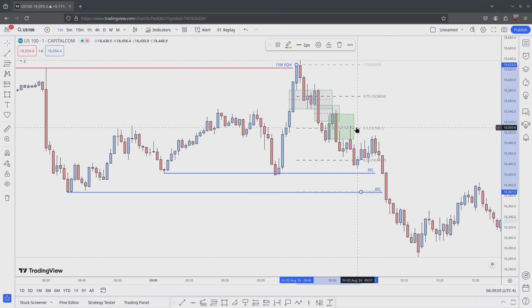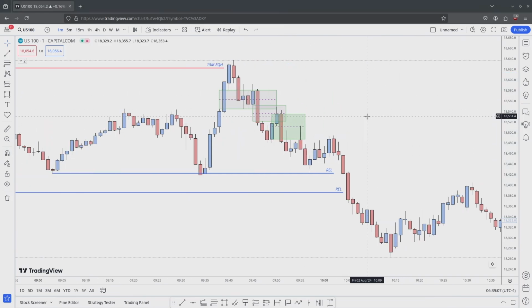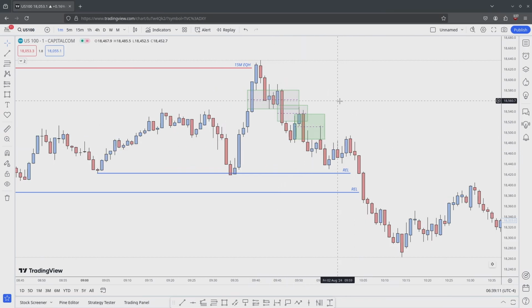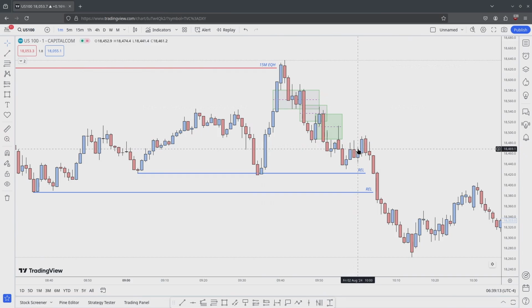So let's remove this from the chart so we can get a better look at this setup over here. With this setup, we have this inversion as well as this fair value gap here, as well as this inversion to the left. If you pull that over, that would be another balanced price range. So you've got all that backing you up with this setup.